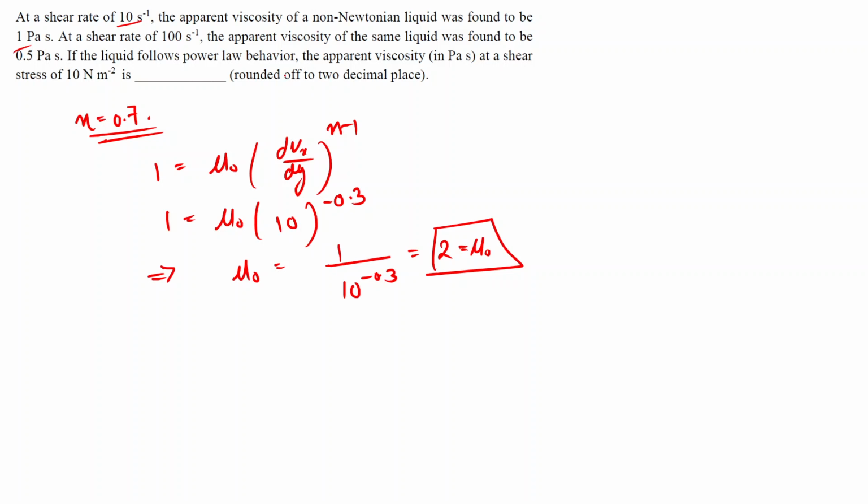Now we have to find the apparent viscosity for a shear stress of 10 Newton per meter square. For that, first we need to find the value of the strain rate at this 10 Newton per meter square, that is dvx by dy.